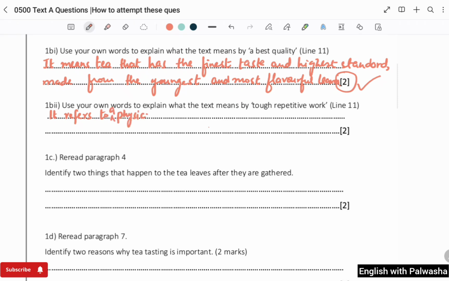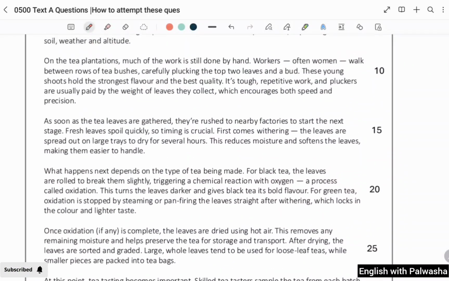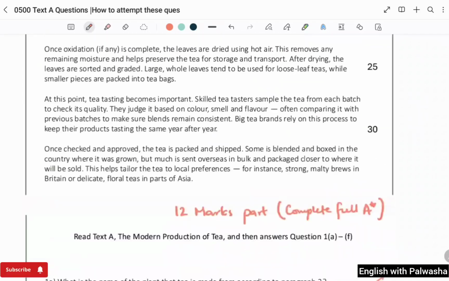a, let's say you do it, a physical hard work that must be done. I can also write repetitively, but that word repetitive is already used here, so we will not be writing repetitive.